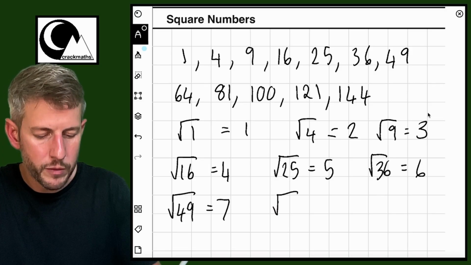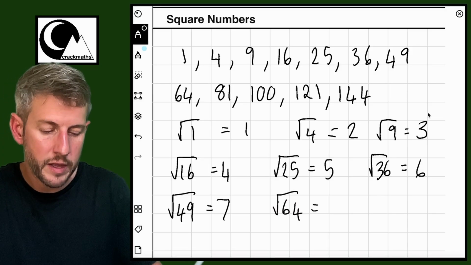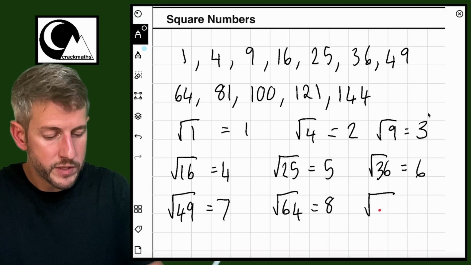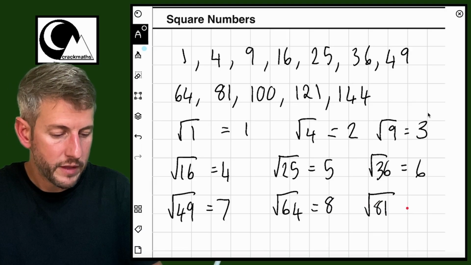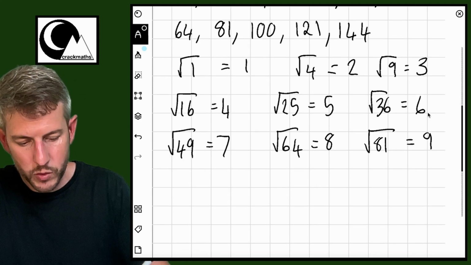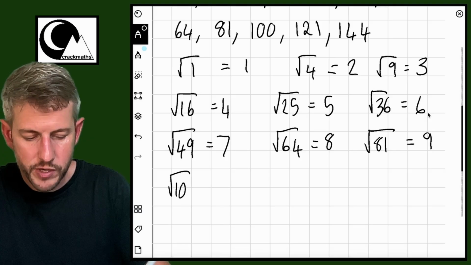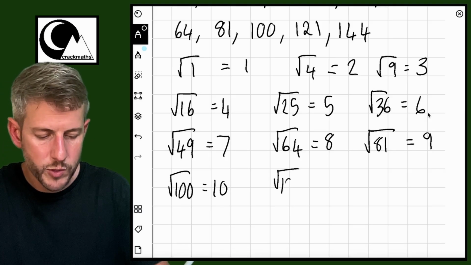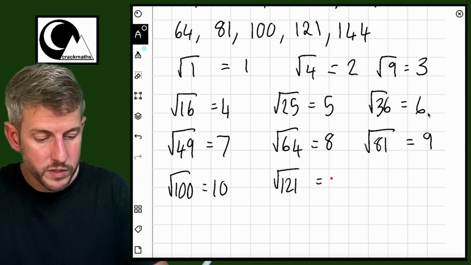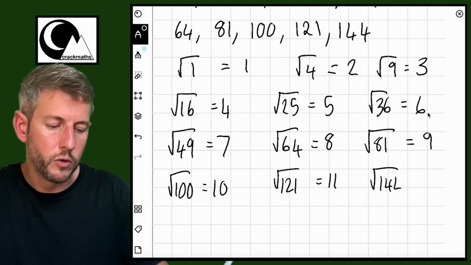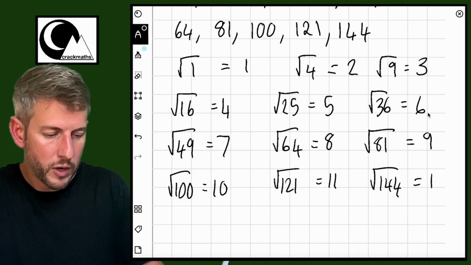The square root of 64 equals 8. The square root of 81 equals 9. The square root of 100 equals 10. The square root of 121 equals 11. And the square root of 144 equals 12.